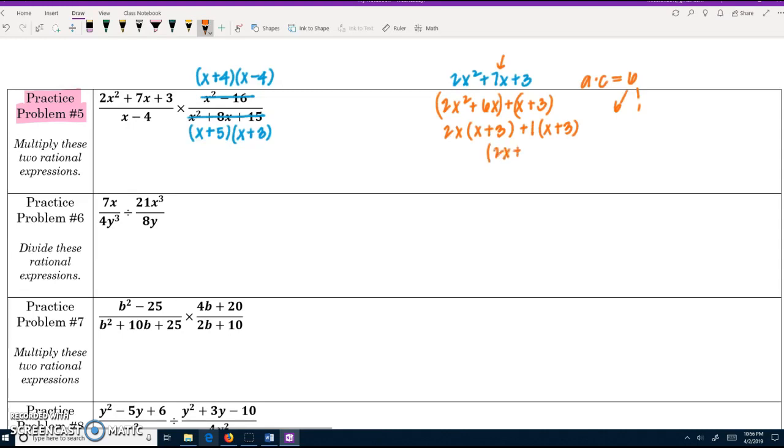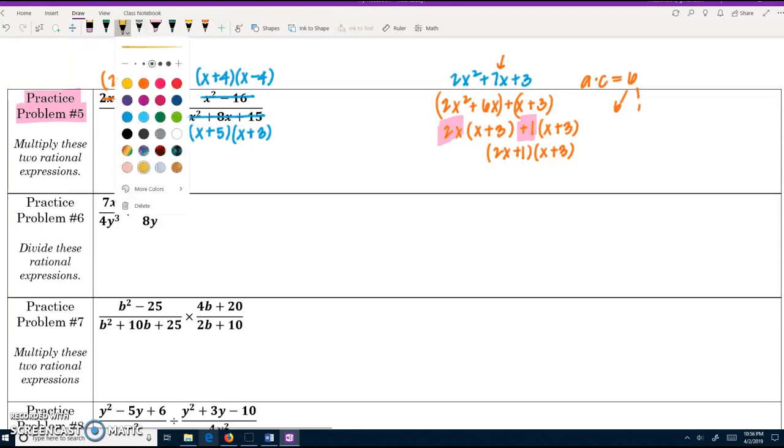And then I can group the 2x plus 1 and the x plus 3 together. So this term and this term are coming together in one binomial. So then I can go ahead and cross this guy out, and I'll have a 2x plus 1 times x plus 3.